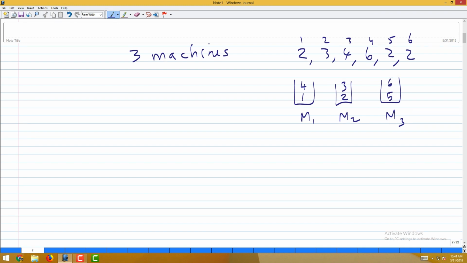Okay. And what is the make span here? What is the maximum time spent by any machine? That is 8. Where is it? M1, because I am assigning 1 and 4. So, that is 2 plus 6. So, the make span is 8.